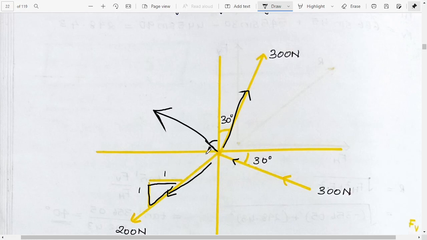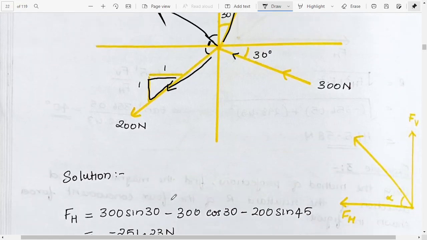So we will understand that this part is 45 degree. Then it's the normal FH and FV, and then finding R and tan inverse of alpha, and we'll get our answer.